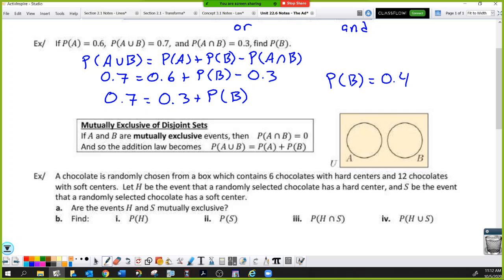So this addition law works even when you have disjoint sets, because the probability of the intersection equals 0. So the probability of A or B, meaning A union B, is strictly equal to the probability of A plus the probability of B, because it's impossible that A and B happen at the same time. So the law is always true, even when the overlap can't exist. That's all that says.